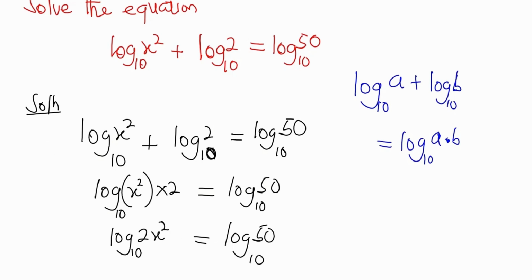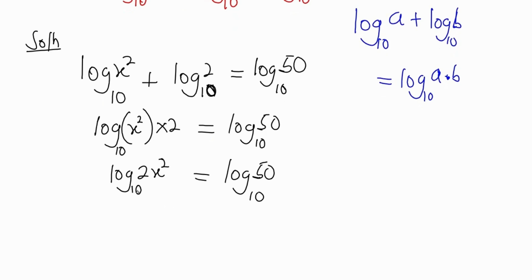Now we can see that they have the same base of 10, and what we can do here is take antilog of both sides, like we said earlier. So you have to write here: taking antilog of both sides.